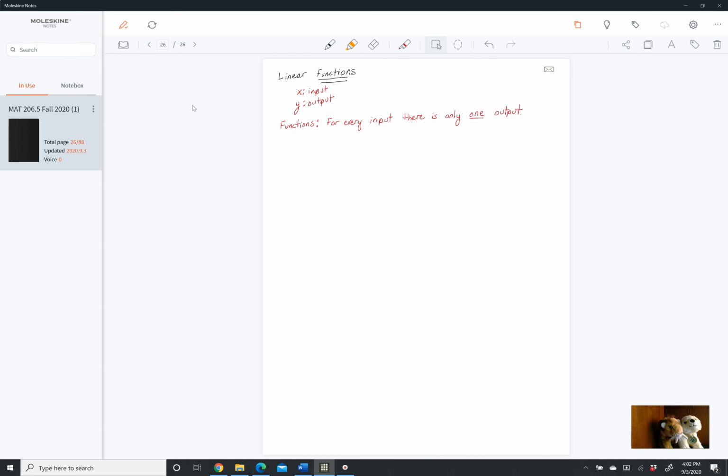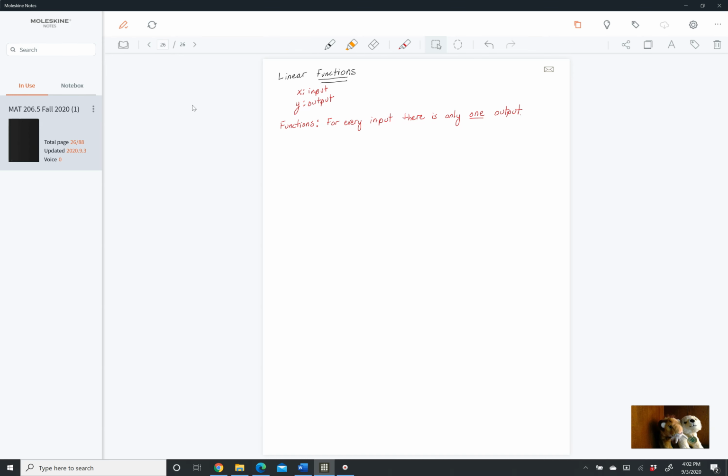Okay. Some examples of functions in the real world, in the world around you. I don't like saying real world, but in the world around you, a perfect example is that Metro card. So you put in a certain amount of money. What comes out is a certain number of rides. Now, you may put in a different amount of money and get the same number of rides.